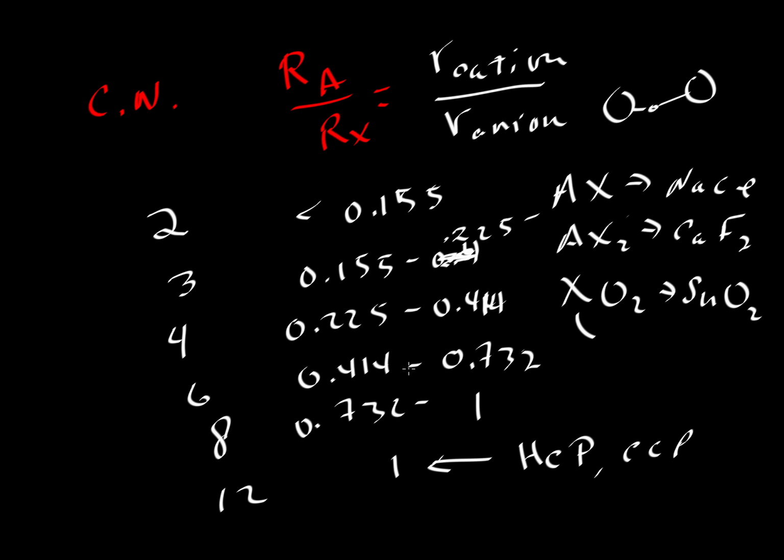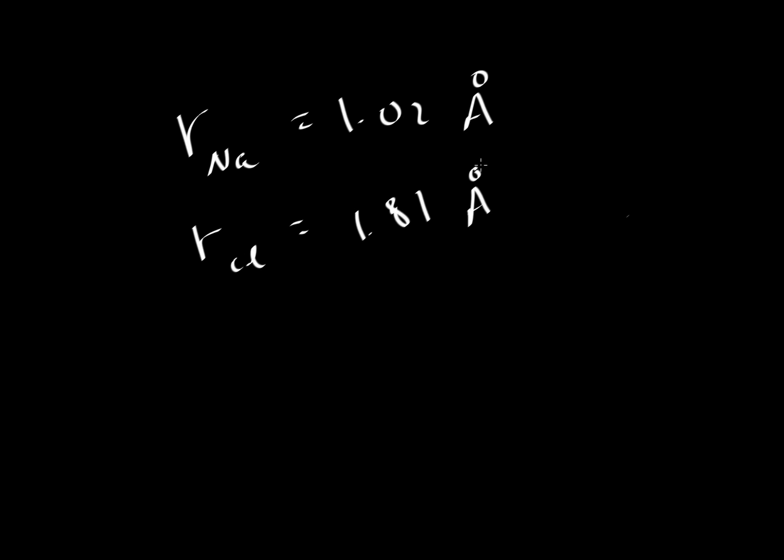Let's take an example of how we do this. So let's say the radius of sodium is equal to 1.02 angstroms, and the radius of chlorine is equal to 1.81 angstroms. So this is our RA, this is our RX over here, and then the ratio would be equal to about 0.56.